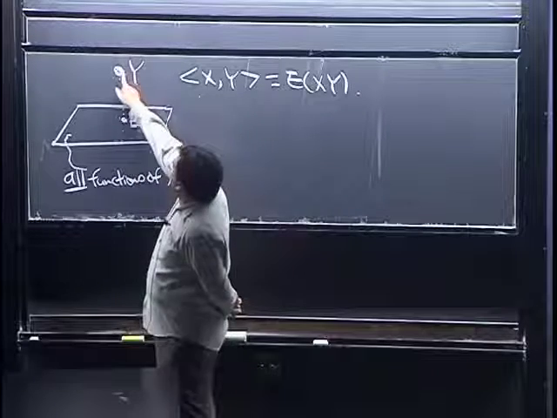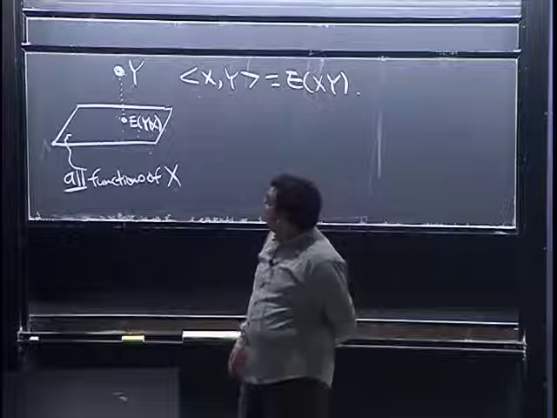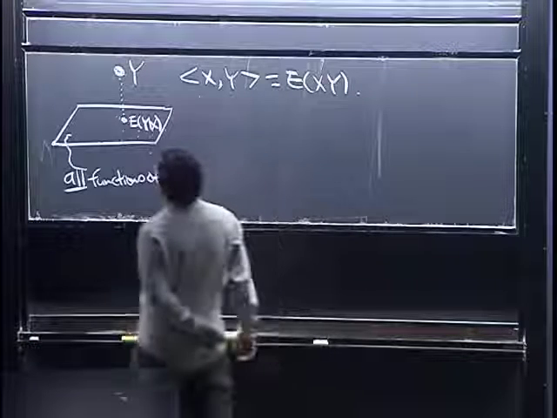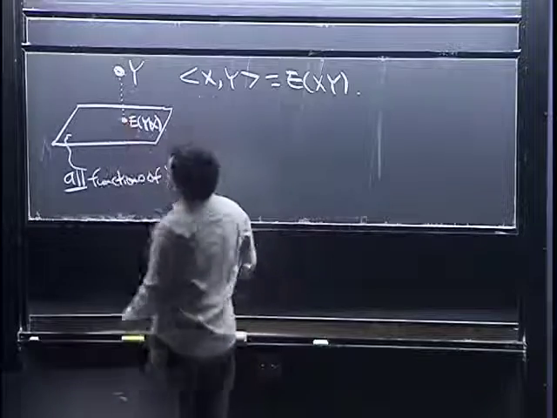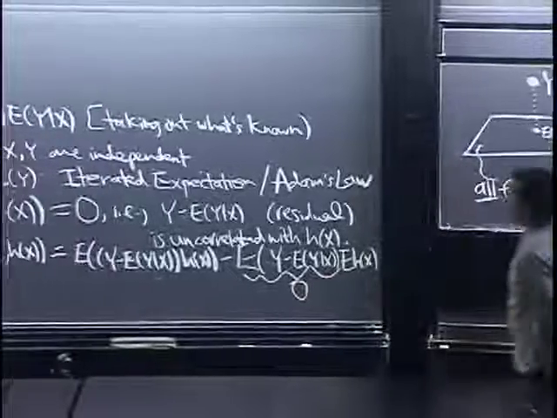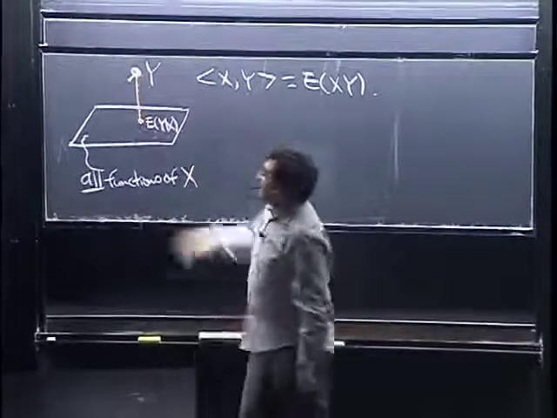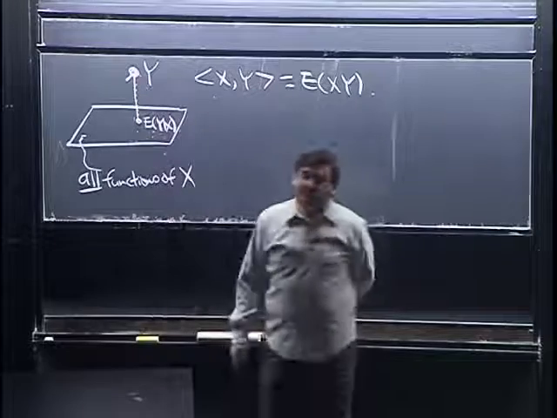Okay, so anyway, we project y to E of y given x, and then just thinking geometrically, if we want this residual vector, y minus E of y given x, that's just going to be a vector like this, right? Just the vector from here to here, okay?